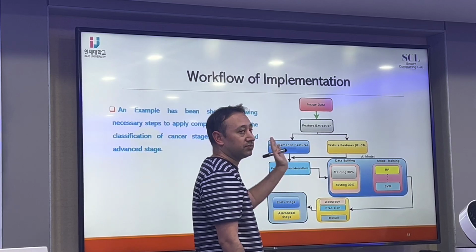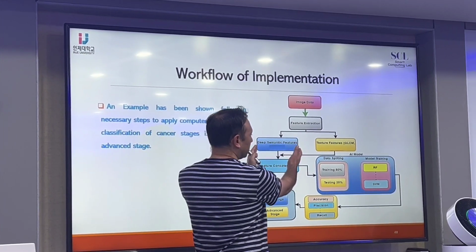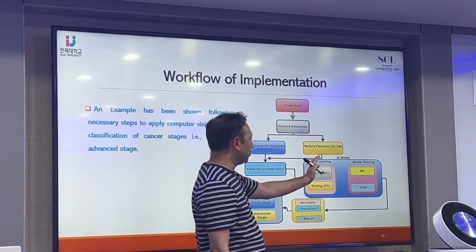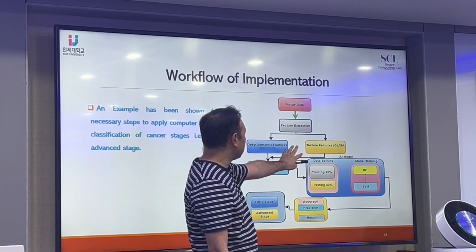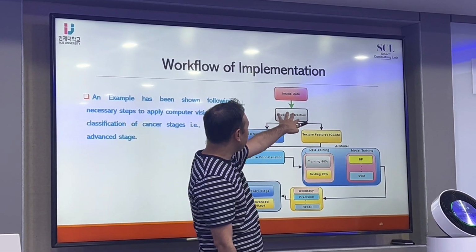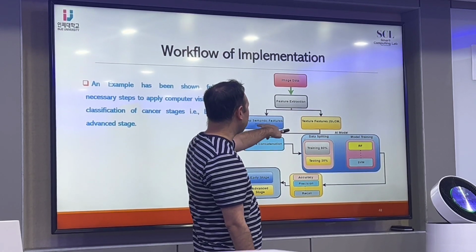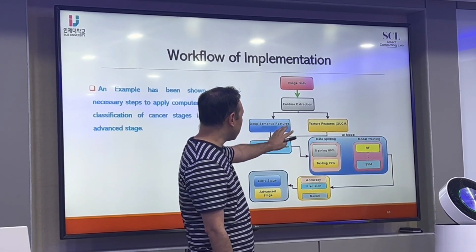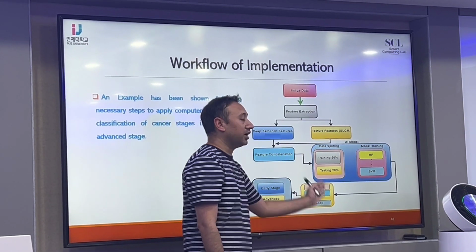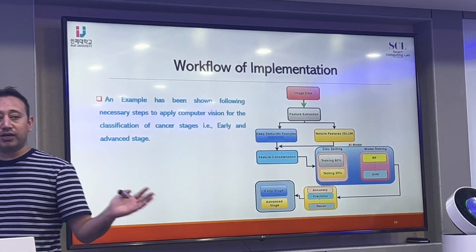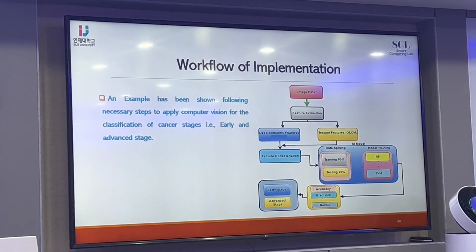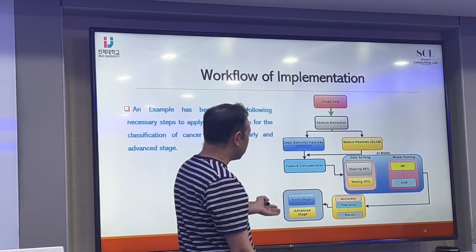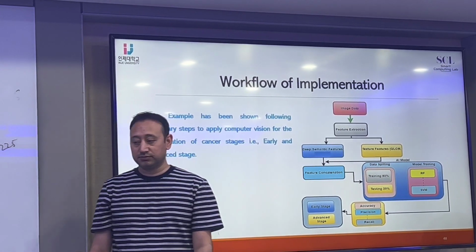As we have discussed, we have different features: deep semantic features, and handcrafted features, which are low level features. Here we are extracting both deep semantic features and texture features. Then we concatenate both these features and give them to the AI model, and it will classify different stages of cancer, for example early stage and advanced stage.